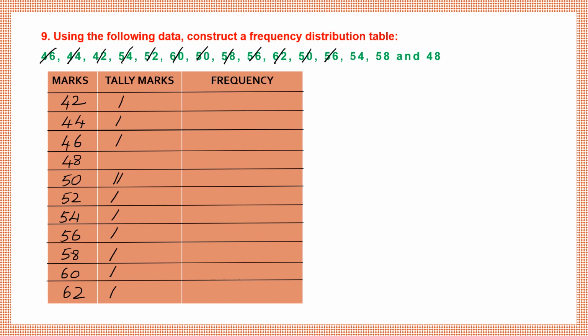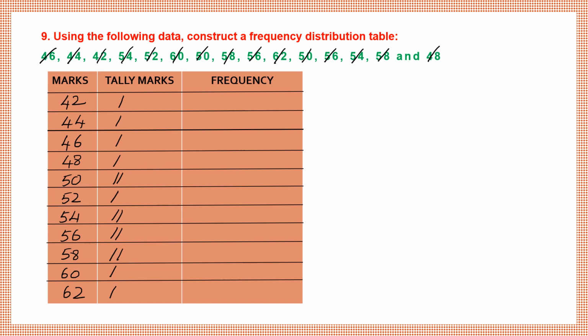Now 56 also has 1, so it gets one more. 54, one more. 58 also gets one more. Then I have 48. Okay, so we have all our observations put down as tally marks.